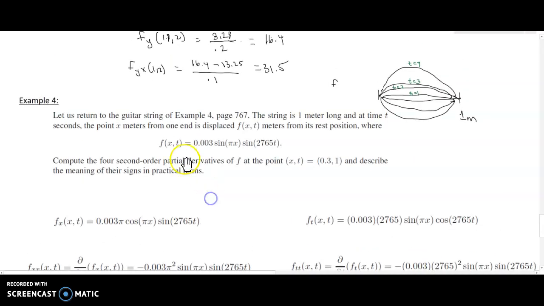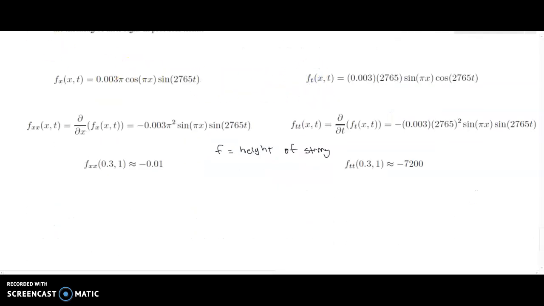They say the point x meters from one end is displaced f(x, t) meters. Okay, so this is in meters. This is the height of the string in meters. x is the position from the end of the string. Again, this is going to be measured in meters.